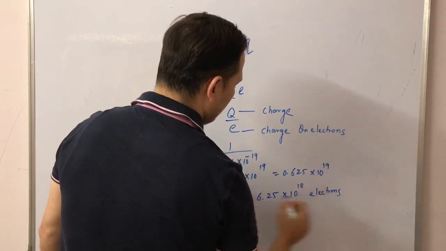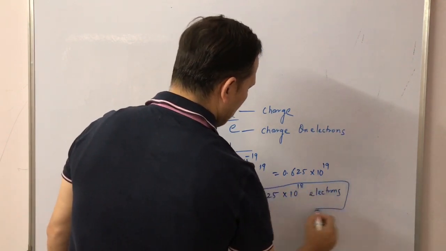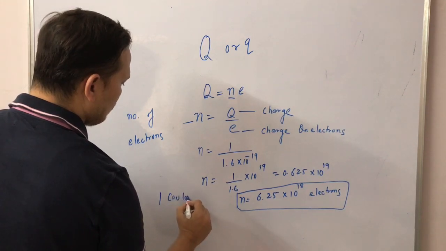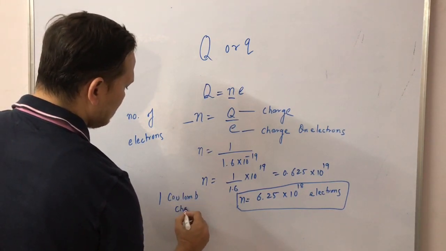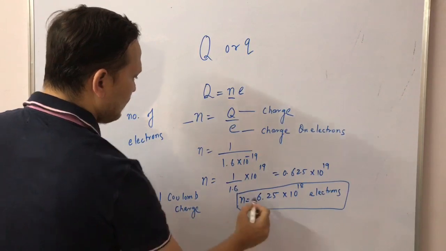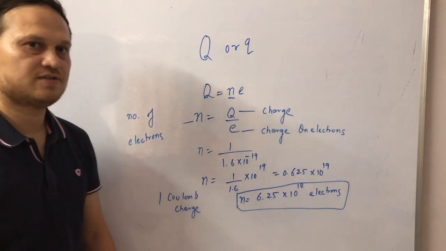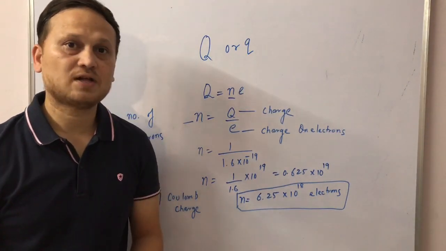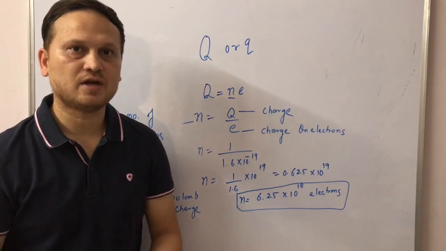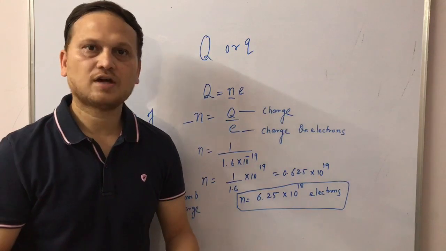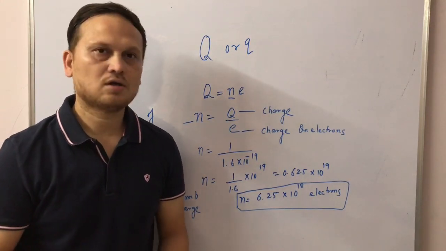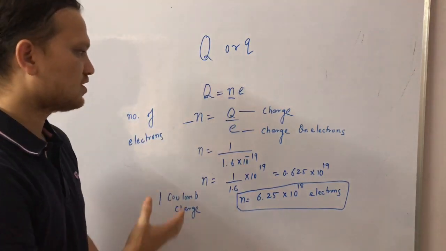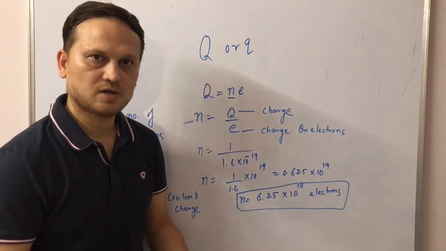Okay, see, in 1 coulomb of charge, we have this much amount of electrons, that is 6.25 into 10 to the power 18 electrons. So that is why the coulomb is a very big unit, and because of that we generally prefer to use units such as milli, micro and pico. So this is how many electrons are present in 1 coulomb.